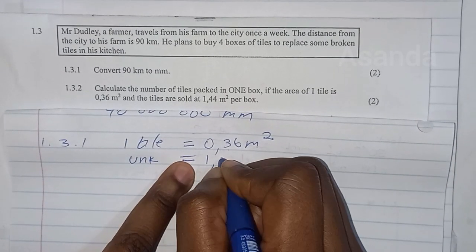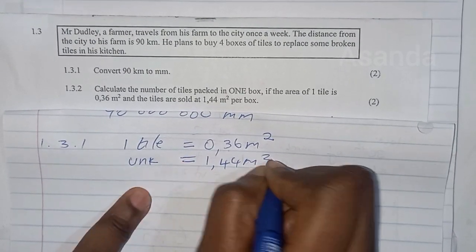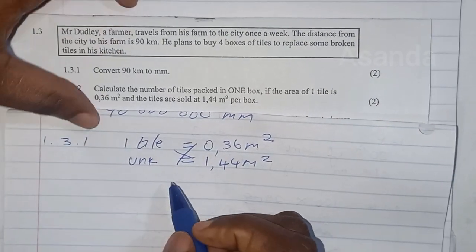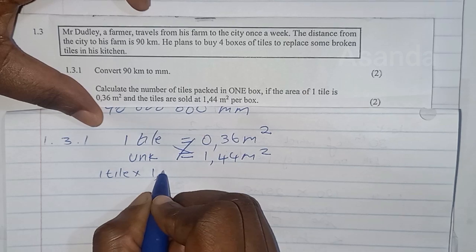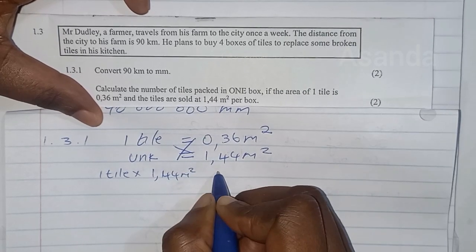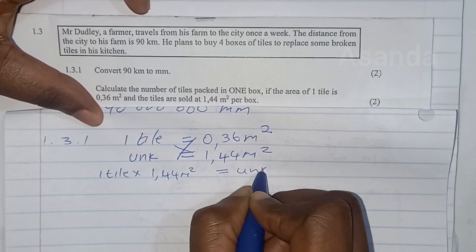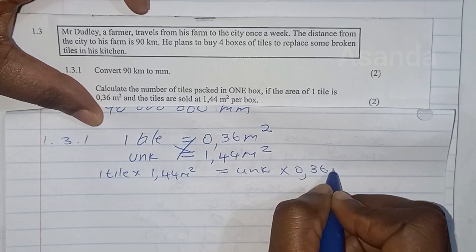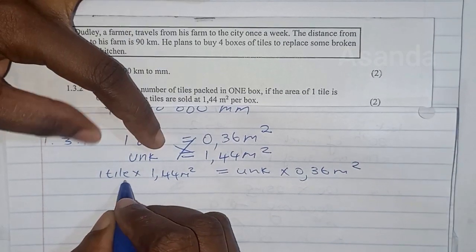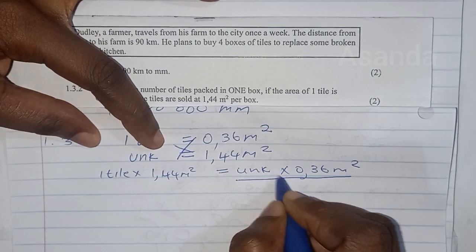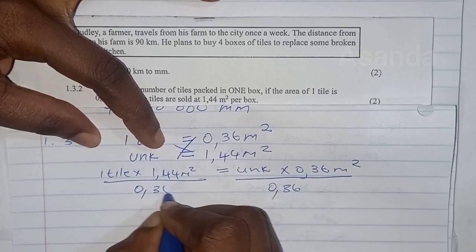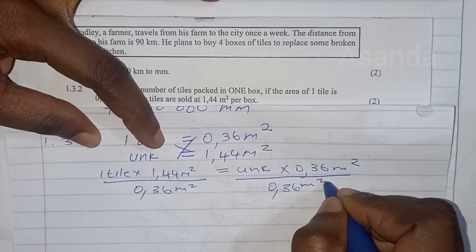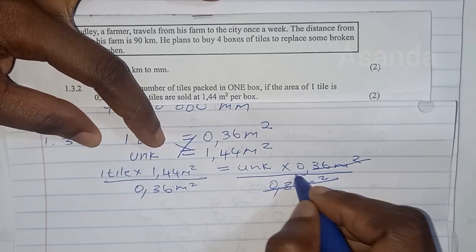We just have the meters squared, and then we're just going to cross multiply and say 1 tile times 1.44 meters squared is equal to unknown times 0.36 meters squared. And then we say unknown is this side, opposite of multiply, divide by 0.36 and divide by 0.36. The meters squared is gone.